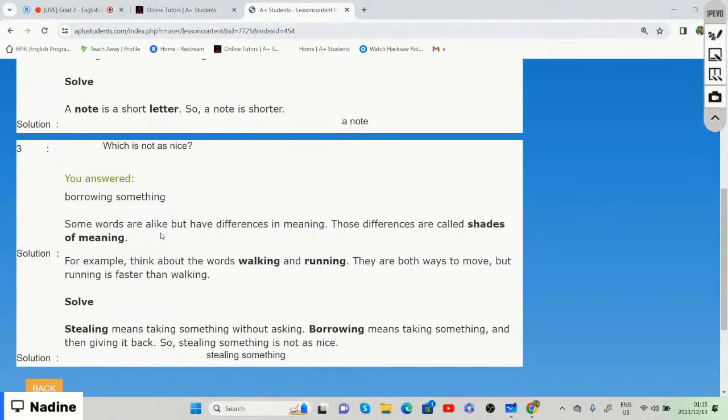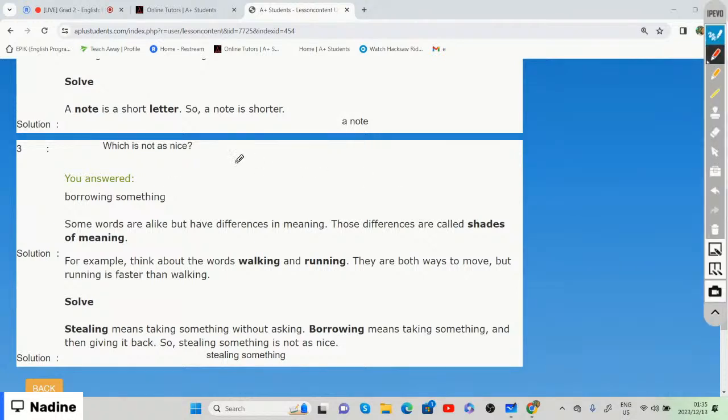Which is not nice? Is it stealing or is it borrowing? Which one of these is not nice? So basically, stealing something is not nice.